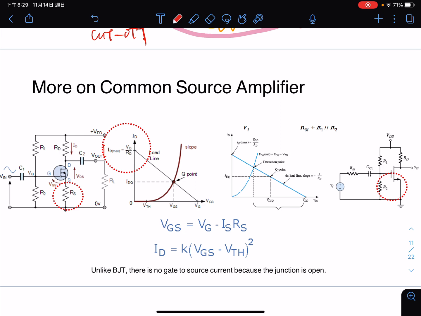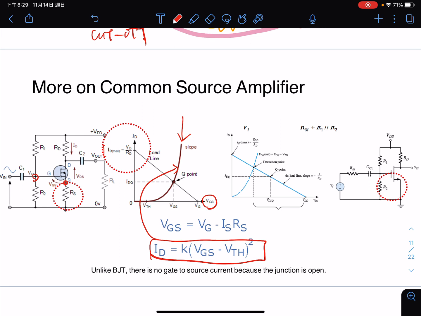Okay, and this is the characteristic curve of the MOSFET by this one. And the most important figure is the VGS. This is the VGS.